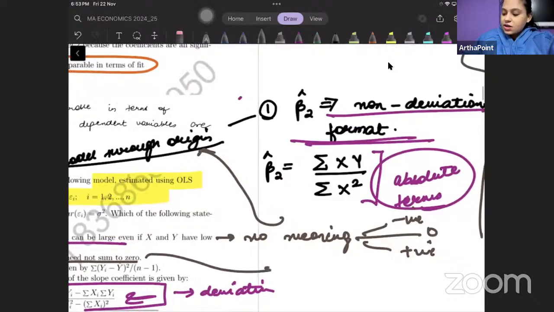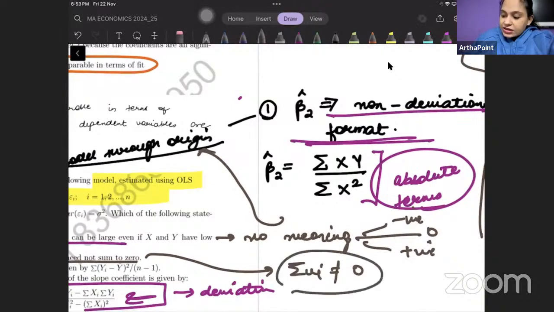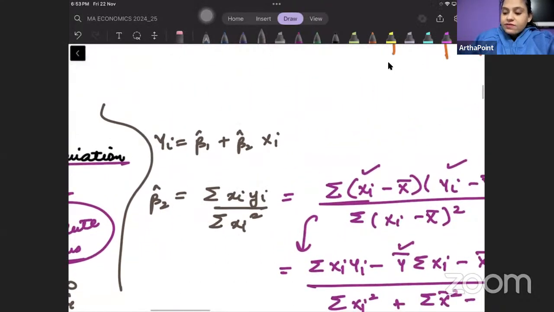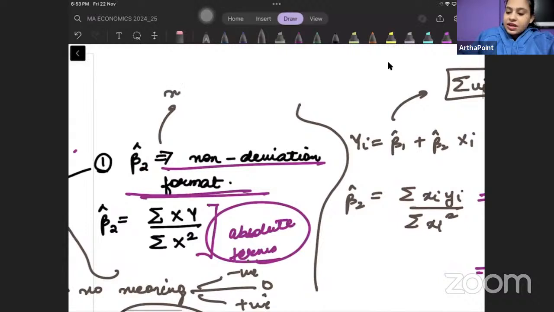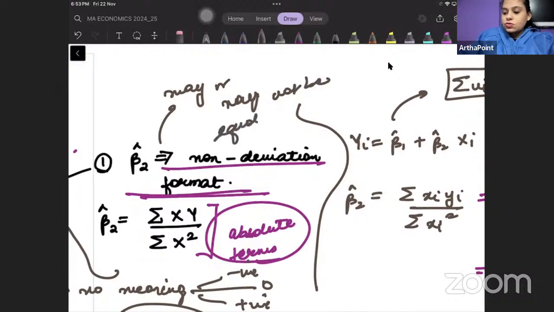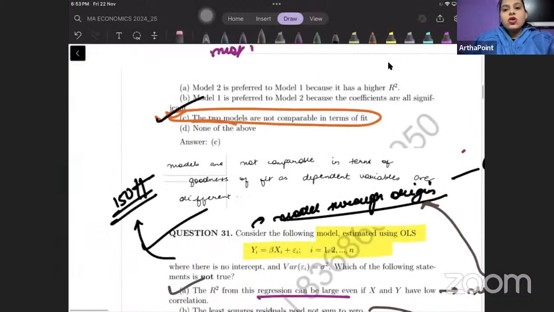This is correct. The summation of the error term need not be zero. Summation of error term was zero only when we had the intercept model. In this case, it may or may not be equal to zero.